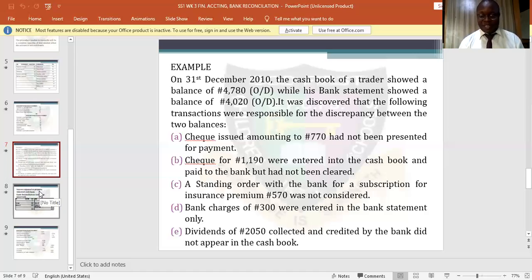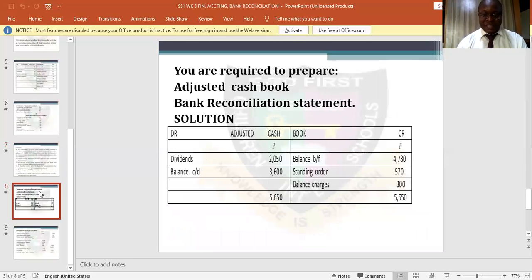Bear in mind, my student, that at the end of the two accounts, we must get 4,020 naira. Failure to get this answer means our account is not correct. So let's start and let us look at how we are going to arrive at this 4,020 naira.